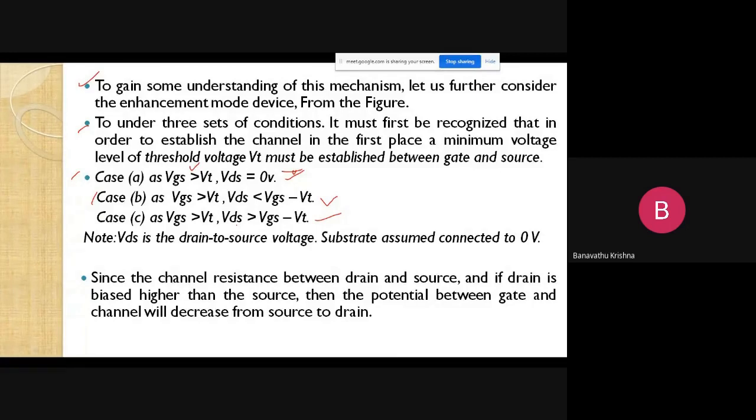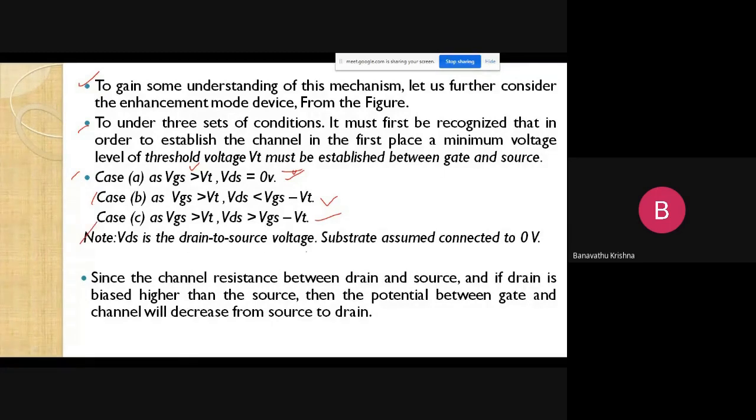The maximum voltage drop occurs across the channel near the source, and a charge inversion occurs at the drain. Due to that effect, the channel is disconnected between source and drain. Then a region is formed, nothing but the pinch off region, and the current is constant.